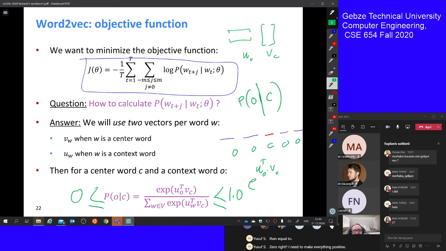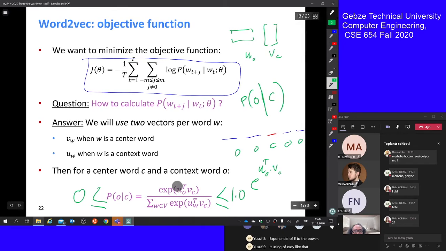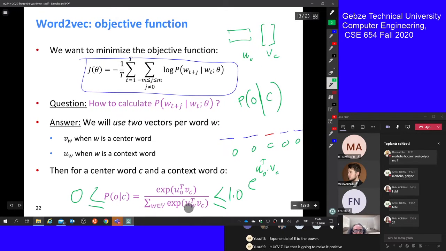So if I take the exponential, e to the power u_o v_c, it's going to make it positive, and the lower part is going to be positive too. So what is the graph for e to the power x?